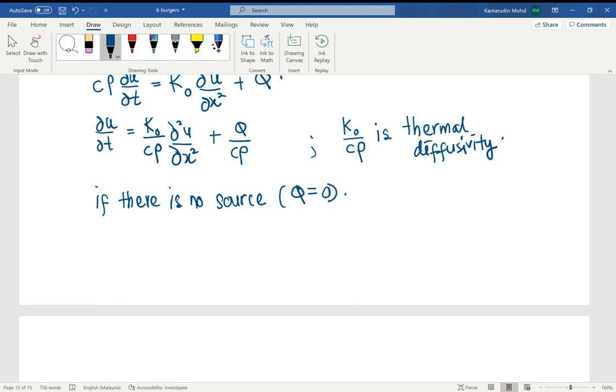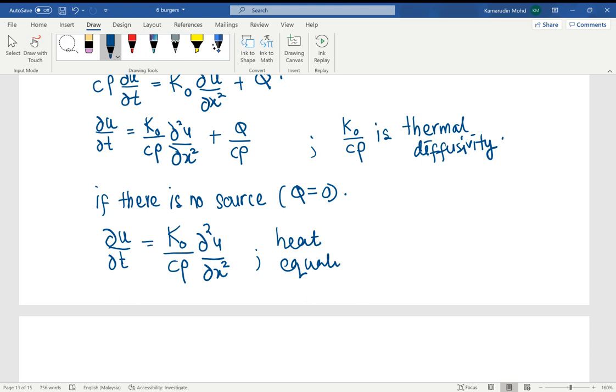So from this equation, we will get del U del T equal to k naught over C rho del square U del X square. Okay, so this is the heat equation that we have seen in the previous lecture. We saw the method of separation of variable, we solved the heat equation, maybe a bit different like this.